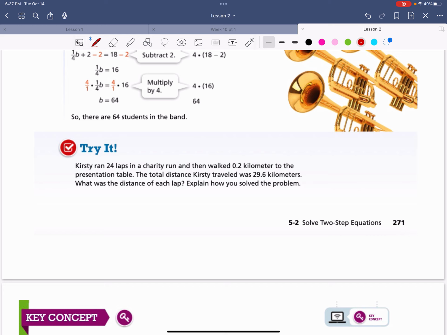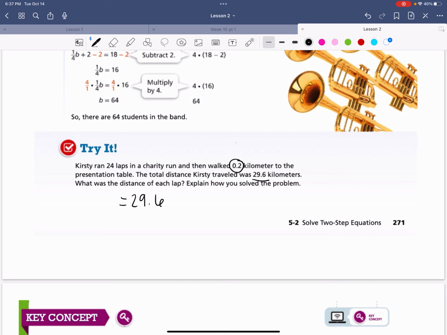So, first thing we need to do is set up our problem. So, our total is 29.6. She ran 24 laps in the charity run and then walked 0.2 kilometers to the presentation table.